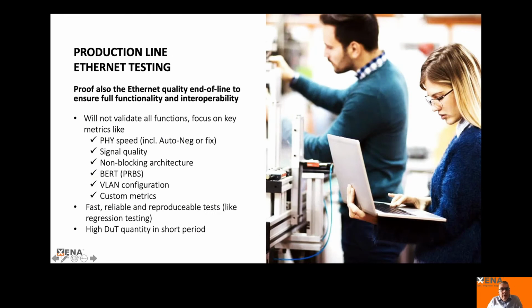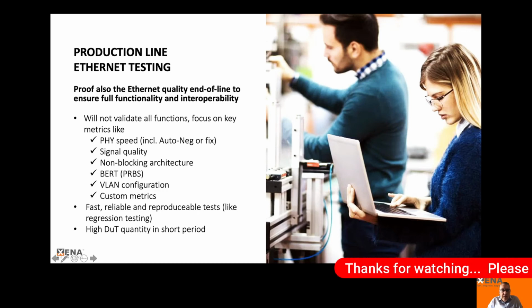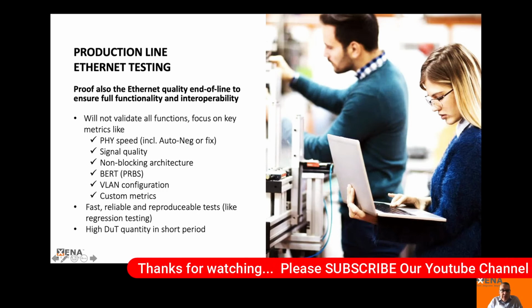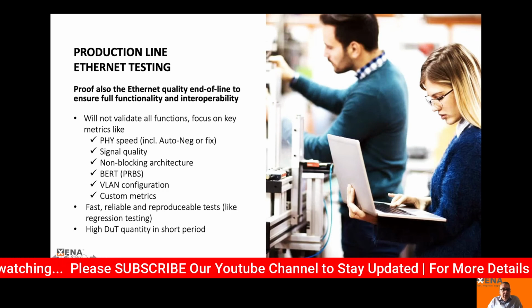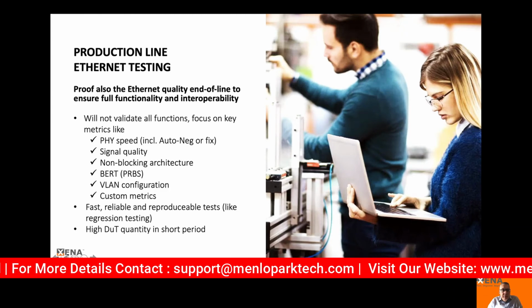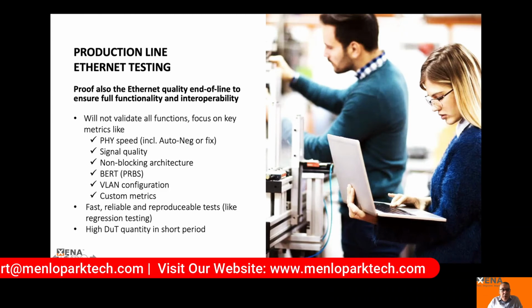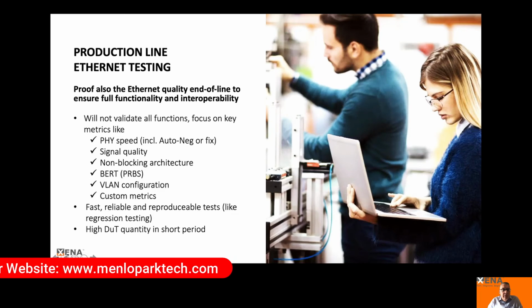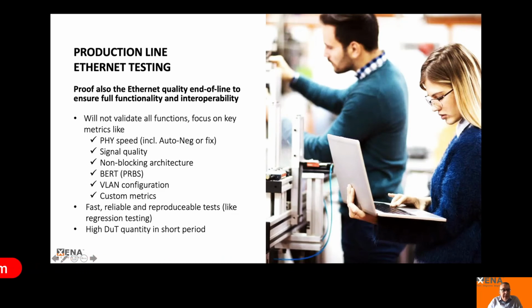So as I mentioned before, end of line testing will be a reduced test focus on very specific metrics like PHY speed, so we will double check the auto negotiation part, or if all PHYs are configured to the correct fixed speed. You're testing the signal quality, you're doing a quick check of the non-blocking architecture, a couple of seconds. You probably do a bit error rate test or pseudo-random bit test.